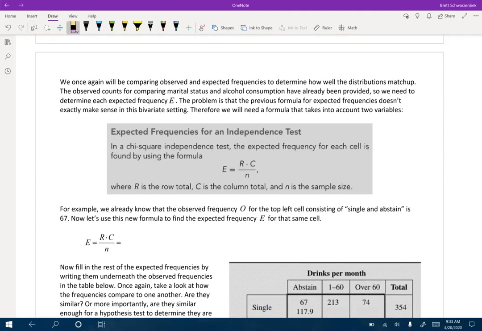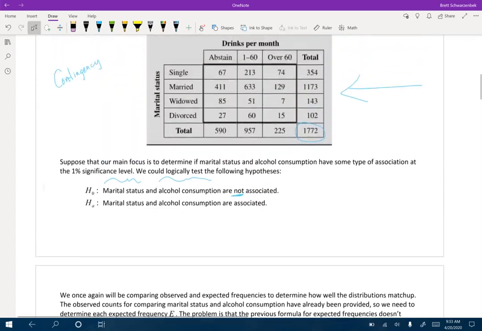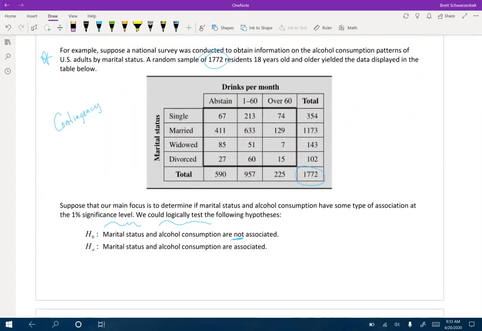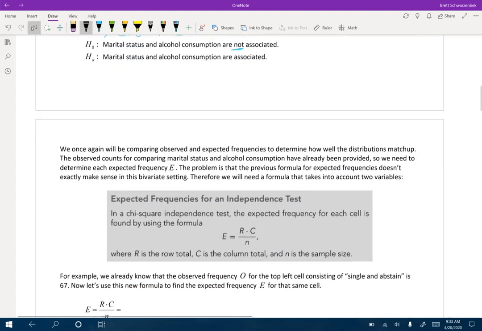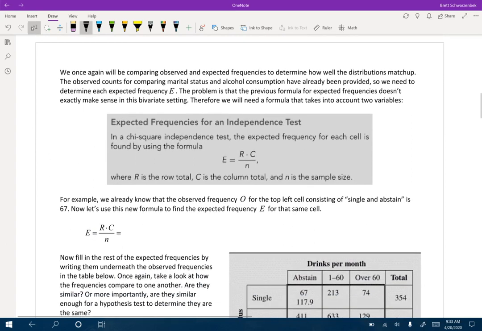Okay, so how do we get started with our test? Well, as we said before, these are essentially the observed counts, so we need some expected counts to compare them to. How do we find those? In our problem, we weren't given any type of claim distribution, which you would actually never be given in this type of problem.